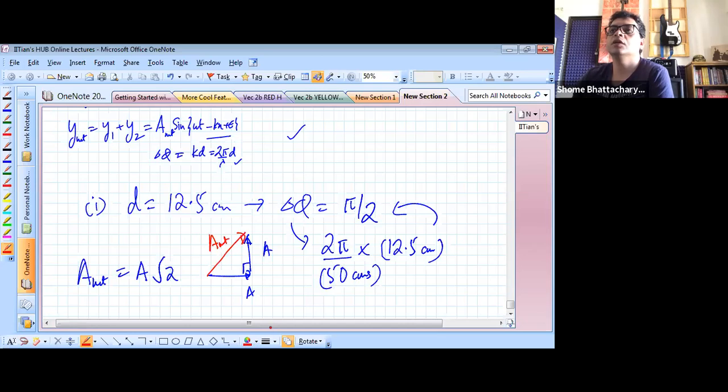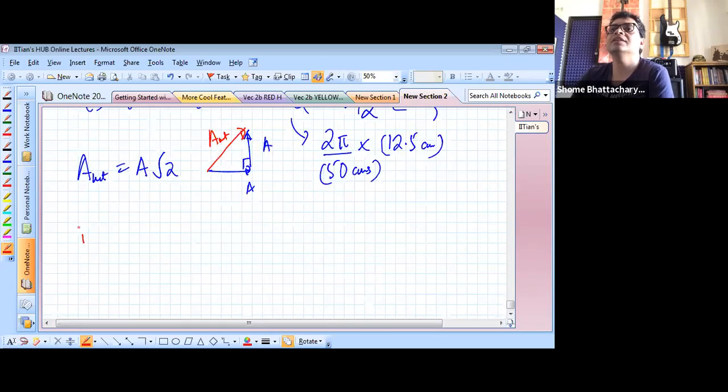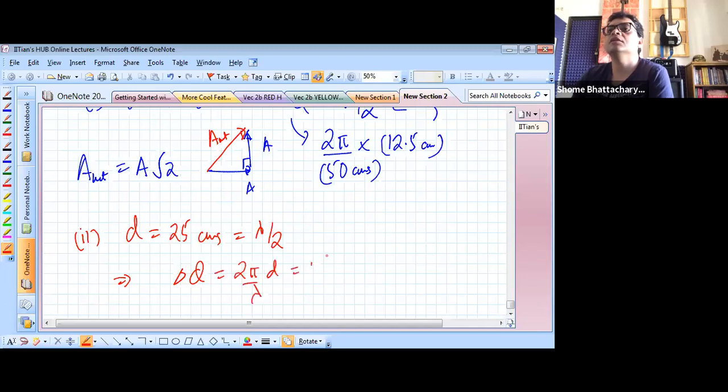Very simple. And similarly, in the second case, what is happening? Destructive interference is happening, because in the second case I've taken d as 25 centimeters, which is in fact exactly lambda by 2. So my phase difference is becoming pi.